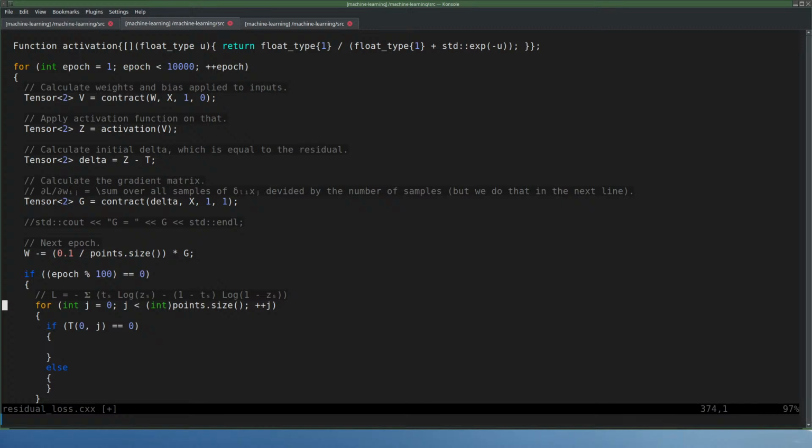So really we're running over the sum here. I want to create a sum. Let's make a loss function, loss.